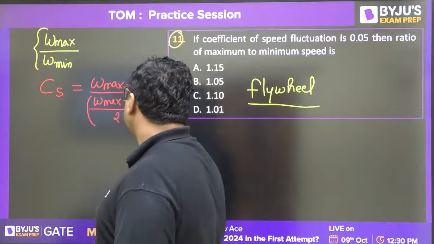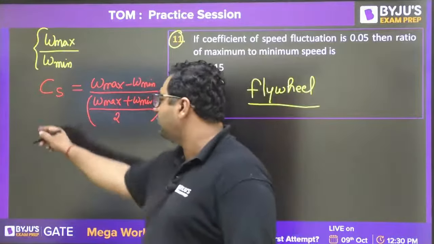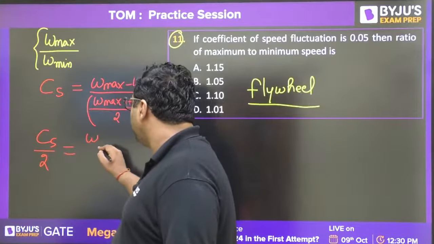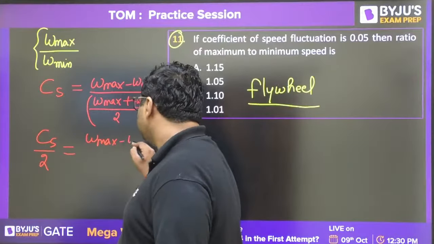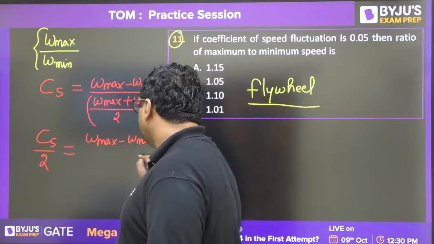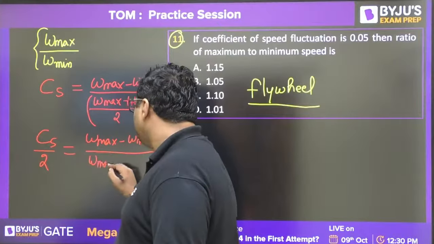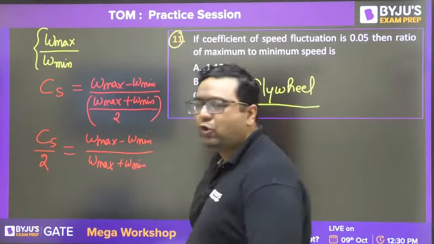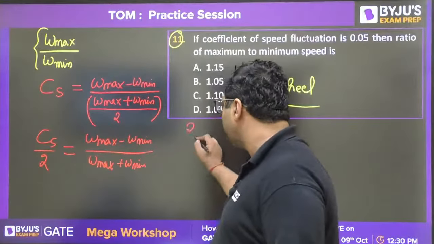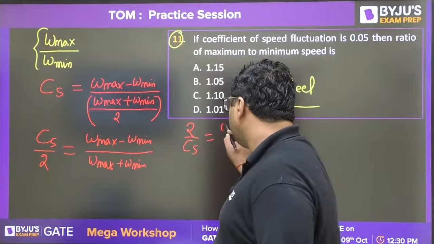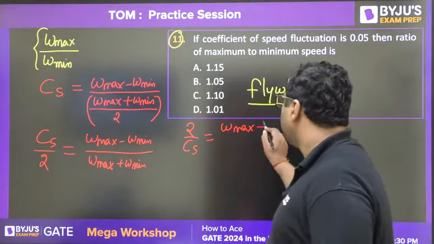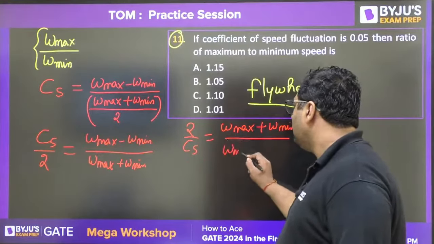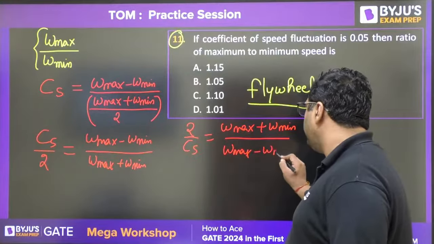You can take this 2 to the numerator on the other side. Cs by 2 will be omega max minus omega min divided by omega max plus omega min. Then you can take the reciprocal: 2 by Cs will be omega max plus omega min divided by omega max minus omega min.